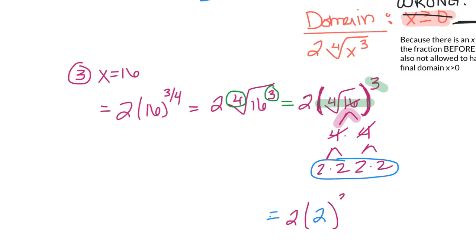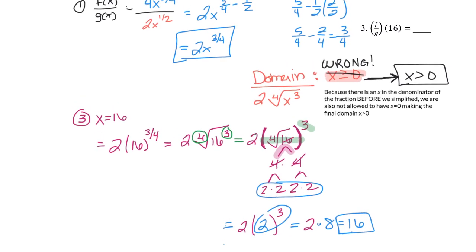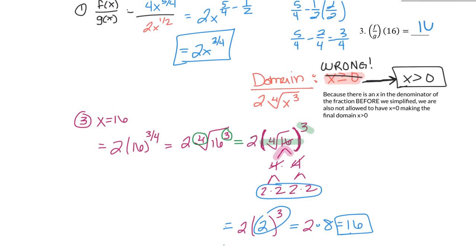And then we still have to cube it in order to take care of that exponent of 3. So 2 to the 3rd power gives us an 8. And then 2 times 8 equals 16. So the function evaluated at x equals 16 is just 16.